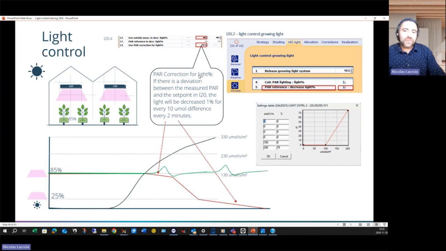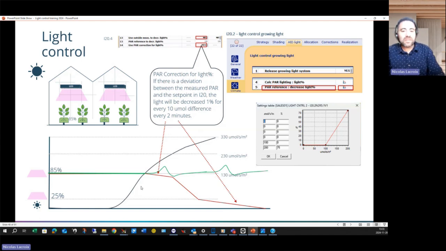And the par correction for light percentage, you remember in I-20.4, the yes that we turned on. If there's a deviation between the measured par and the set point in I-20, the light will be decreased 1% every 10 micromoles difference every 2 minutes. That's really a slow correction, but I have a lot of installations that only use that and it works fine.